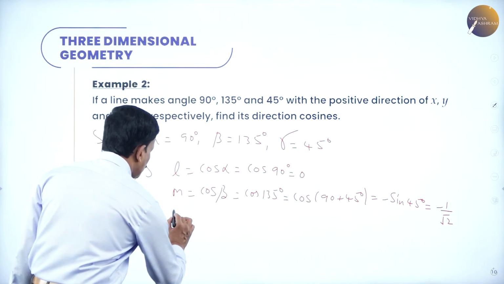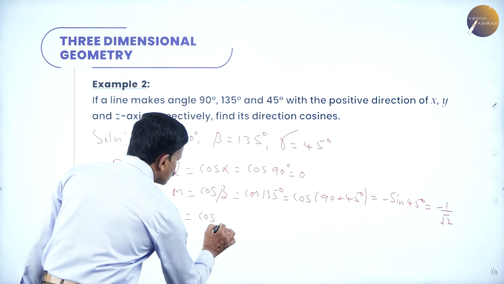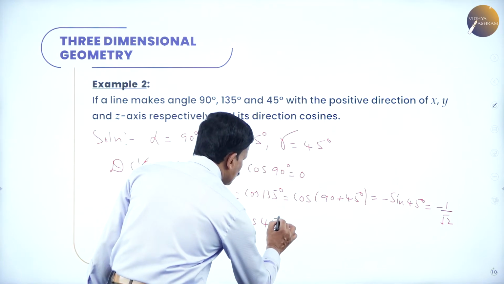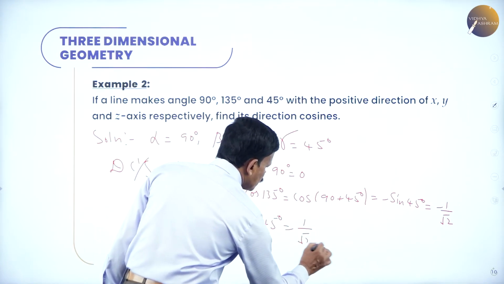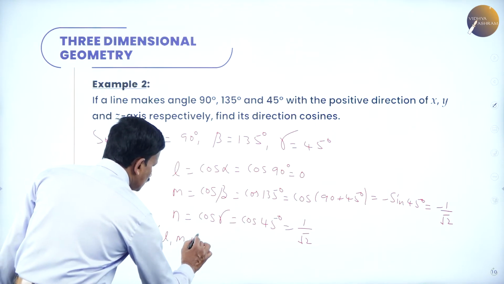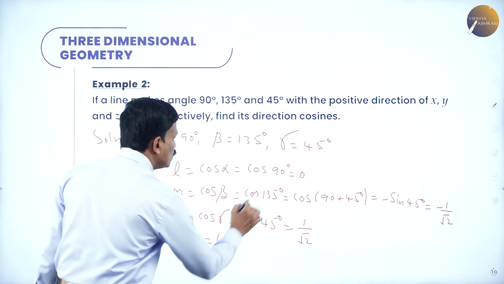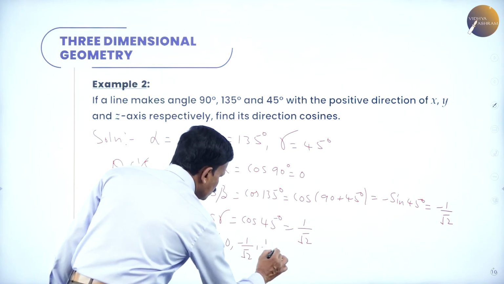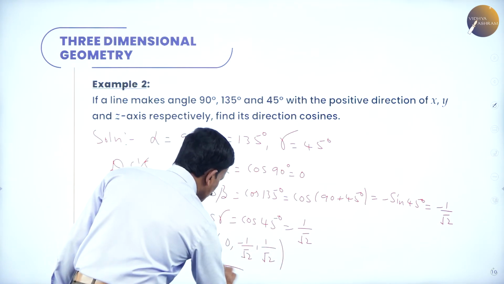And N is equal to cos gamma, that is cos 45 degrees, which is 1 by root 2. So, the direction cosines L is 0, M is minus 1 by root 2 and N is 1 by root 2.